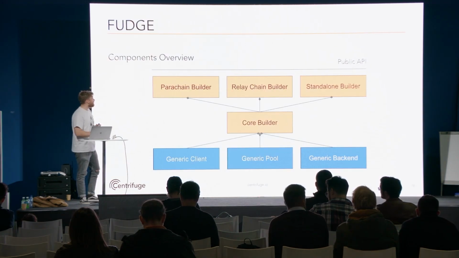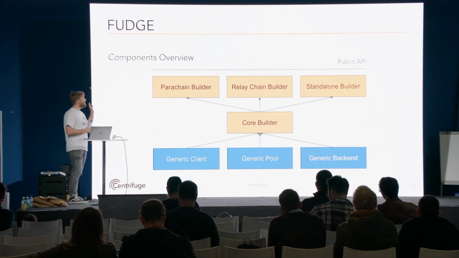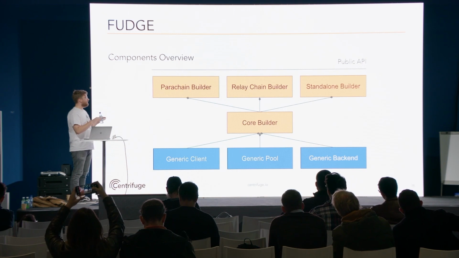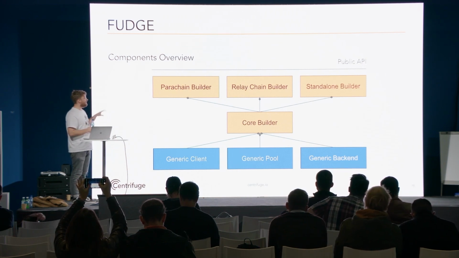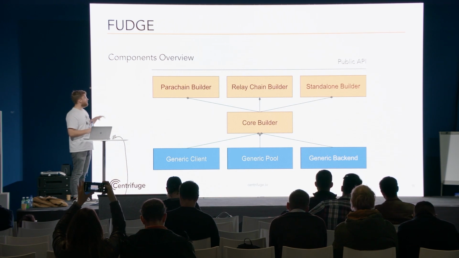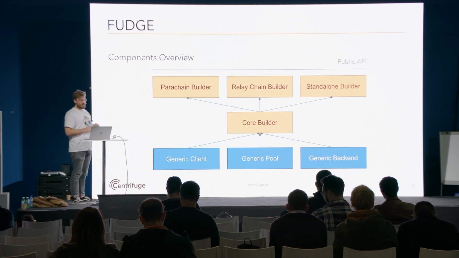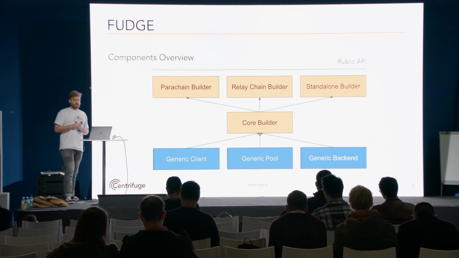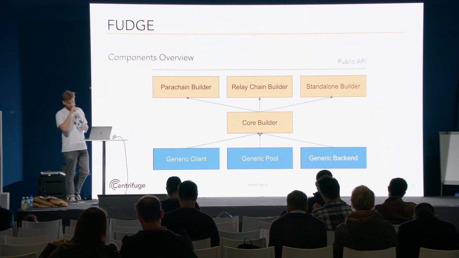I'm going to talk a little bit about how FUDGE is structured, what the core components are, and how they work. Everything you do with the library is built upon the notion of builders. We currently have the parent chain builder, a relay chain builder, and a standalone builder. Why we have different ones, I will explain later on.